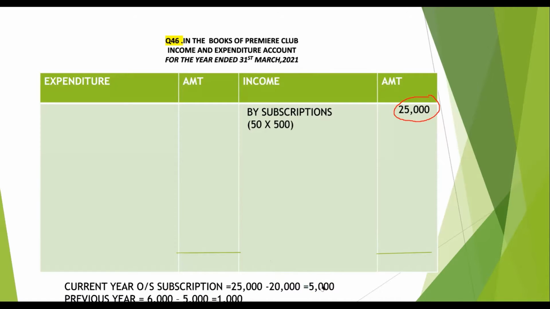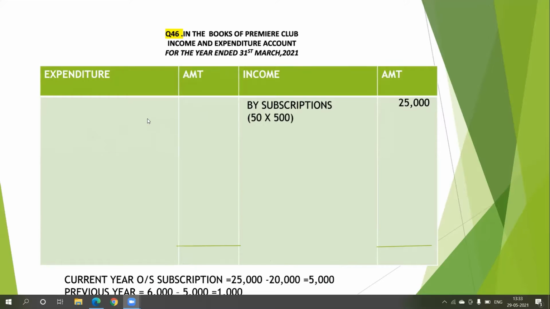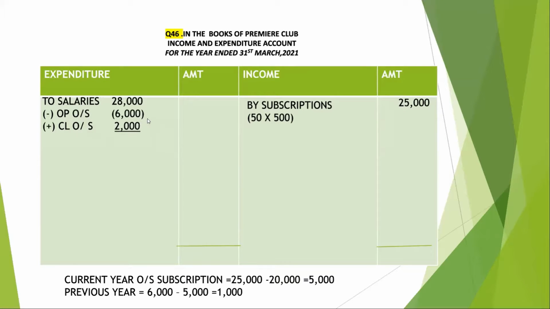Moving ahead, our next adjustment is related to salaries. Amount of salaries paid is 28,000, given on the payment side of the receipt and payment account. Now opening outstanding is given 6,000 and closing outstanding is given 2,000.